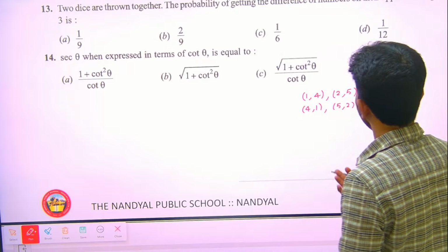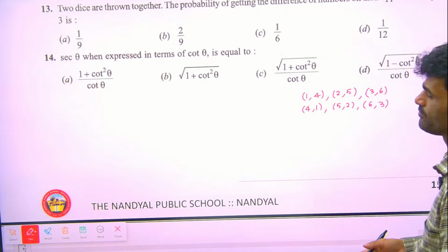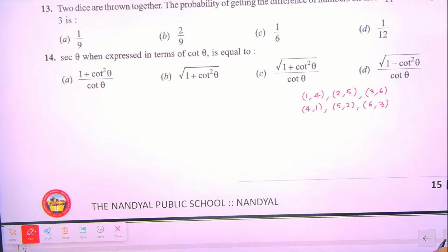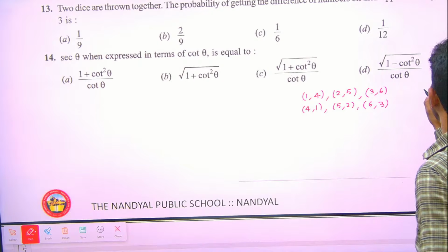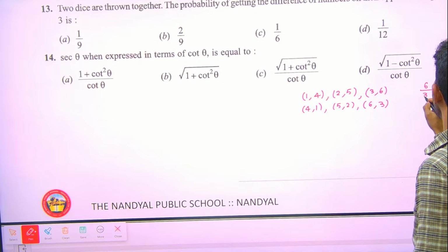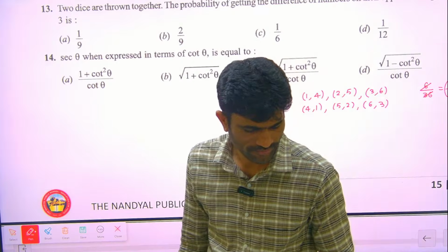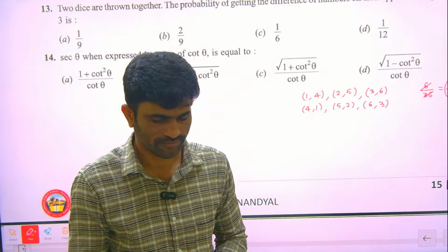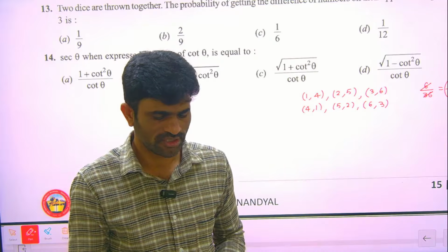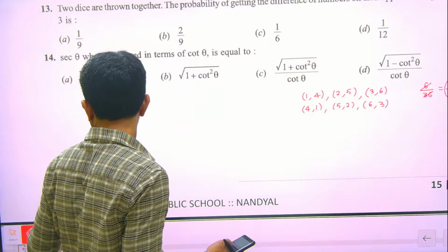Any other numbers? How many outcomes did we get? 6 outcomes. So the probability will be 6 by 36. 6 by 36 is 1 by 6. What is the answer? 1 by 6 is the correct answer.